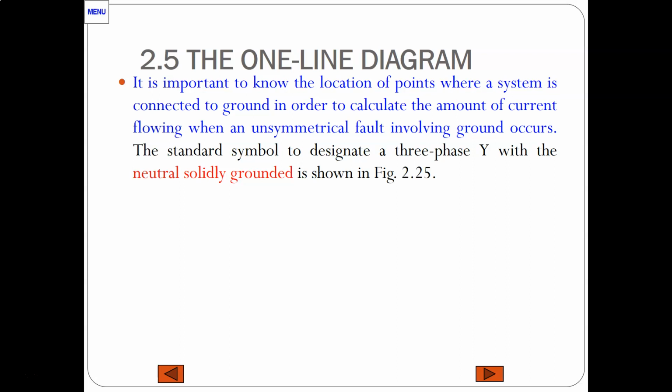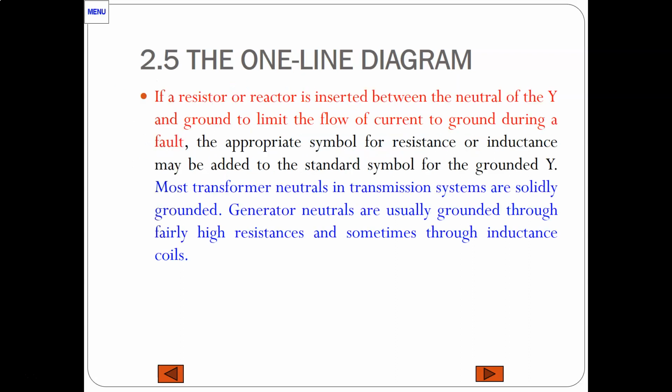It's important to know the location of points where a system is connected to ground in order to calculate the amount of current flowing when an unsymmetrical fault involving ground occurs, and we will come back to this later in the course. The standard symbol to designate a three-phase wye with a neutral solidly grounded is shown in figure 2.25 in the book.